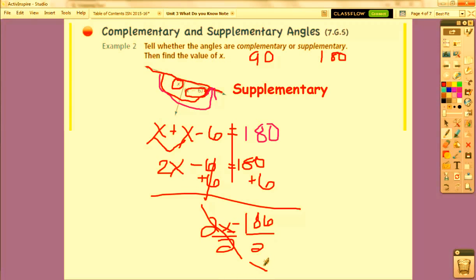And x equals 93. So one angle right here is 93. This other angle was x minus 6, so that's 93 take away 6, or 87. And you can always go back and check, is 93 plus 87 equal to 180? And yes, it is.